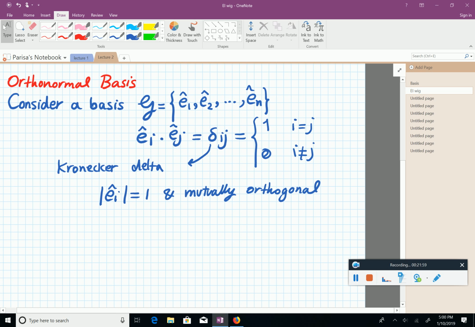Why do we like so much orthonormal bases? Now, going back, I was talking about bases. I talked to you about components. I showed you that you can write a vector in terms of components. And then I said, well, it looks like there are some special kind of bases called orthonormal bases. Now, why do we like them so much?